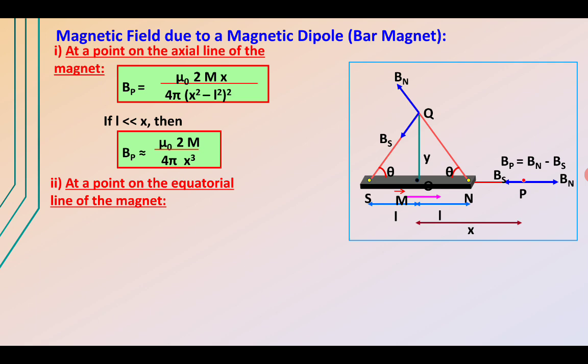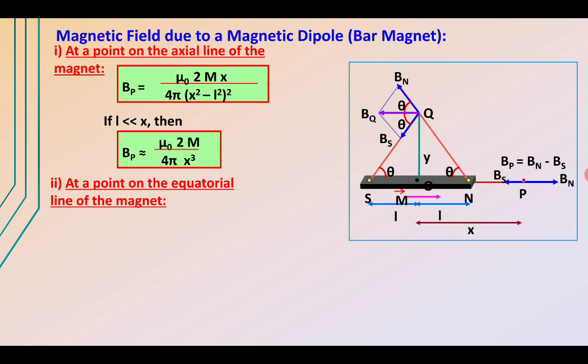Now this can be resolved into two rectangular components, one perpendicular and another horizontal. They are oblique and make angle theta, as we are considering the symmetry. BQ is the net magnetic field at point Q due to Bn and Bs, which both make angle theta.